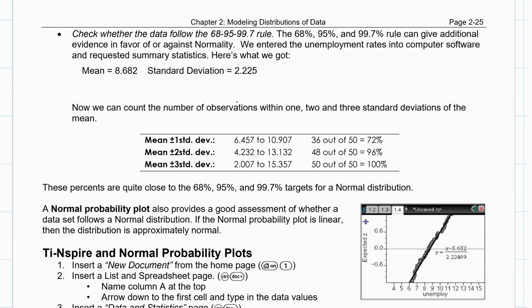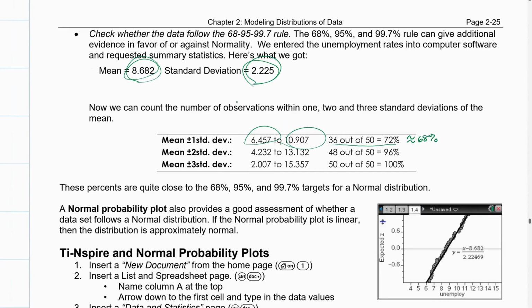If you took the 8.6 and subtracted 2.2, you get about 6.4. If you take the 8.6 and add 2.2, you get about 10.9. If you set up those bounds, about 36 of the 50, or 72% of the data set, falls within one standard deviation of the mean.